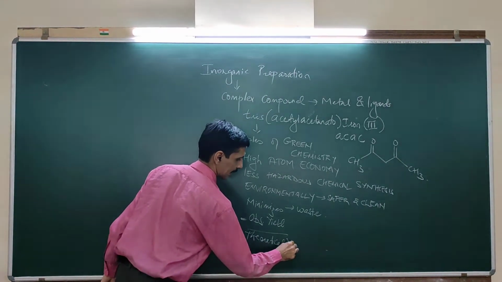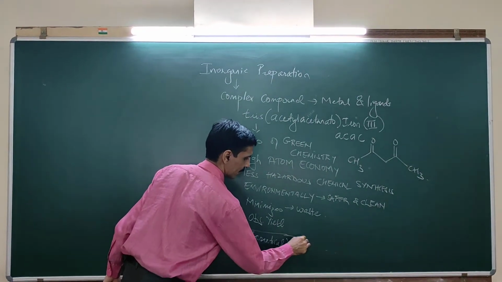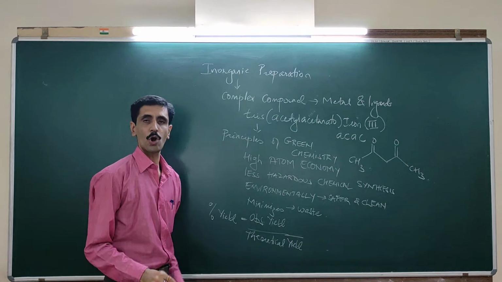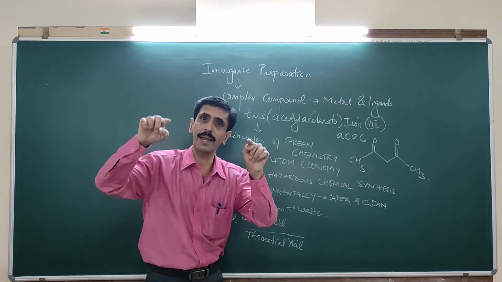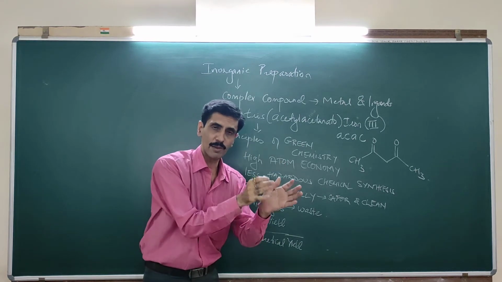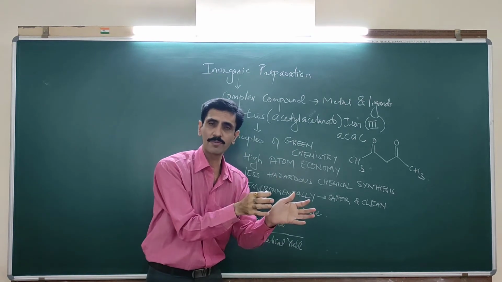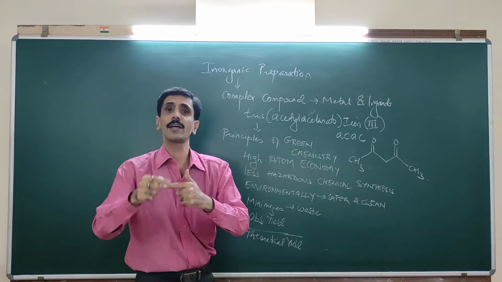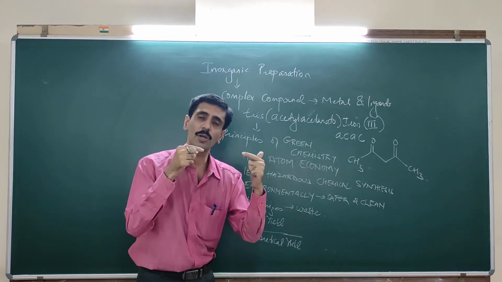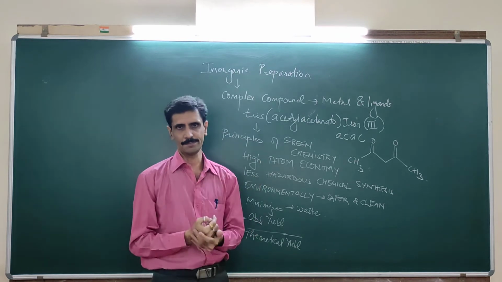Now in theoretical yield, we consider the reaction which is taking place on paper, and on the basis of the reaction on paper, we find out how many moles of the reactants are being converted into how many moles of the products, and on the basis of this, the theoretical yield is calculated.